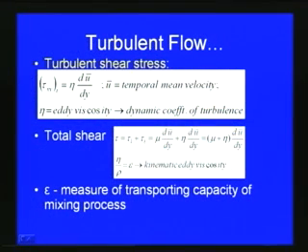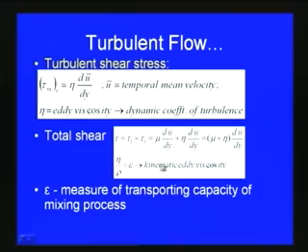As we have seen earlier, eta by rho, where eta is the dynamic coefficient of turbulence, is called kinematic eddy viscosity. In turbulent flow we call this term eta by rho, where rho is the mass density and eta is the eddy viscosity or dynamic coefficient of turbulence, epsilon, the kinematic eddy viscosity.